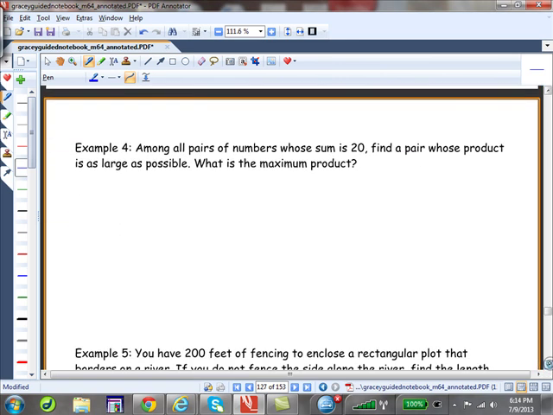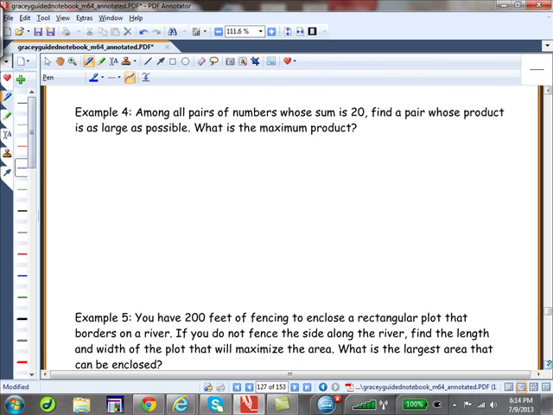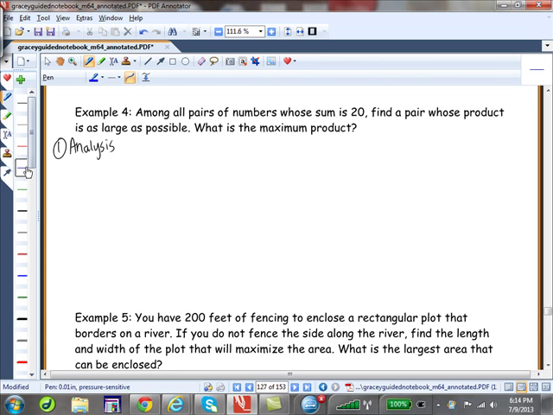Okay, so here we go. Here are the application problems associated with this type of thing. So, you get started like you always do. First step, you do some sort of analysis, name your variables. So we have, among all pairs of numbers whose sum is 20, find a pair whose product is as large as possible. What is the maximum product?